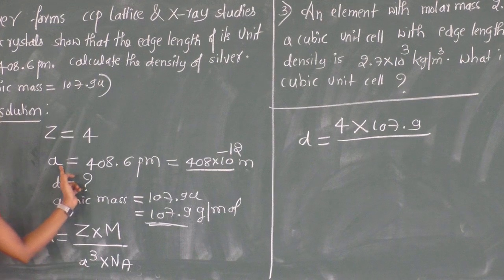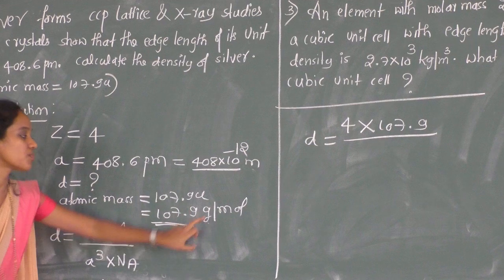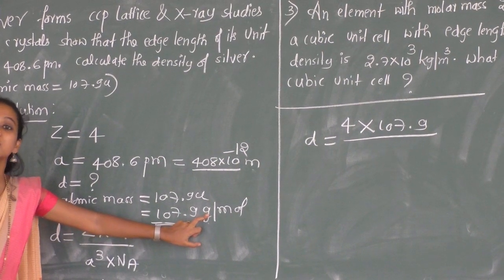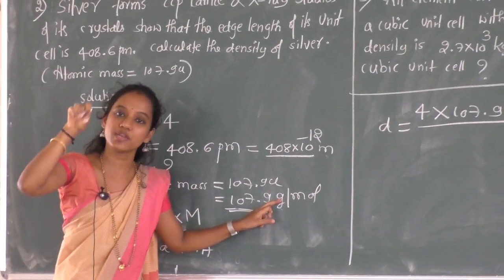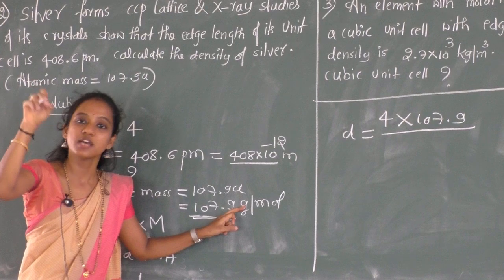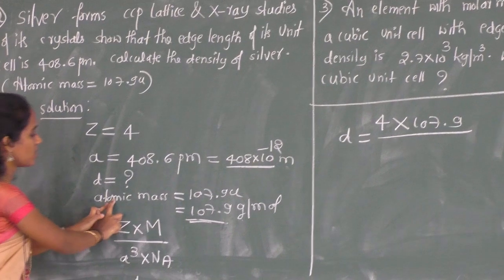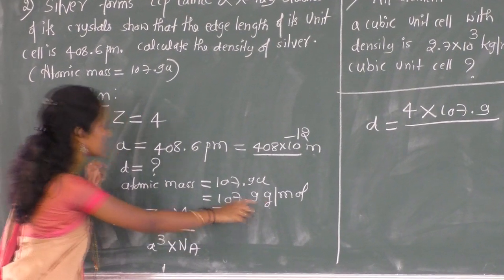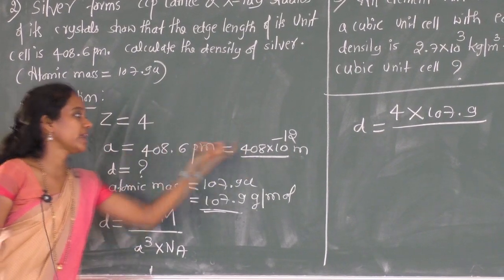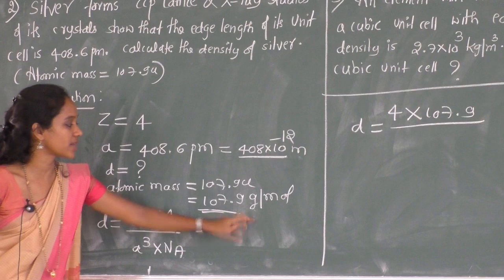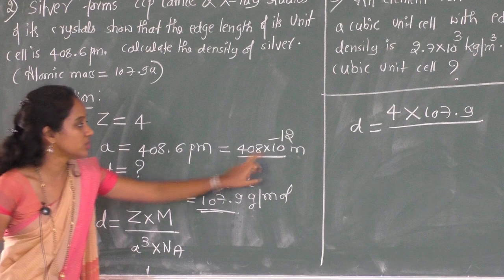Or if the edge length a is in meters, we need to convert the molar mass into kg, because we know the SI unit of density is mass by volume, that is kg divided by meter cube. So here the molar mass is in grams and the edge length is in meters. So we need to convert either edge length a from meter into centimeters, or we can convert grams into kgs. So now I will do the calculation here.